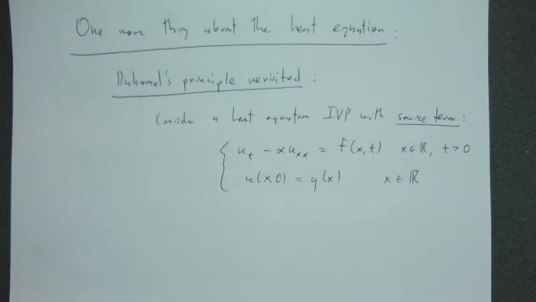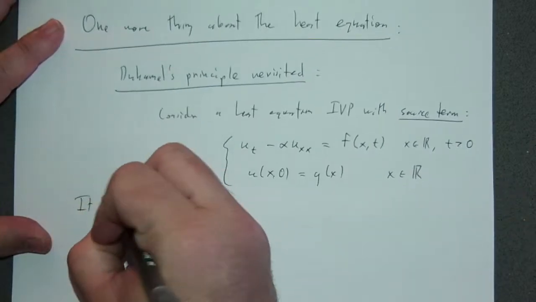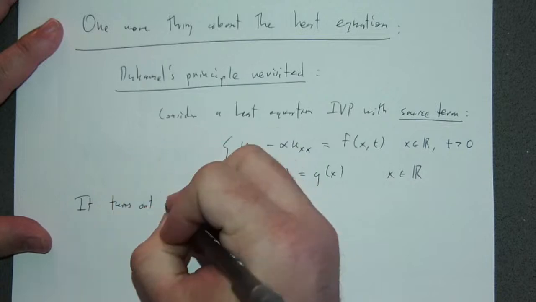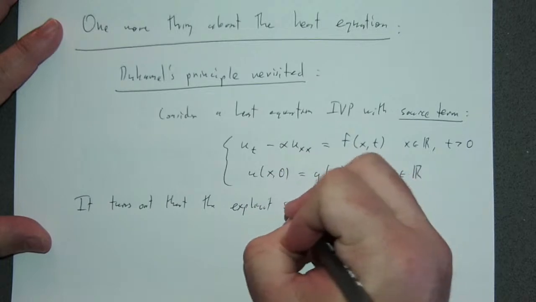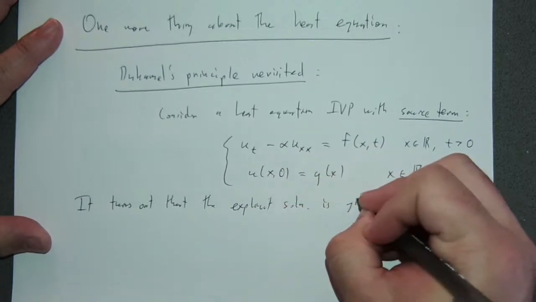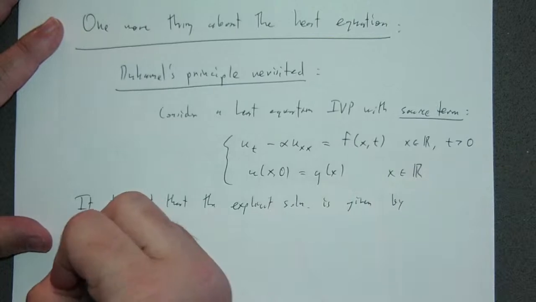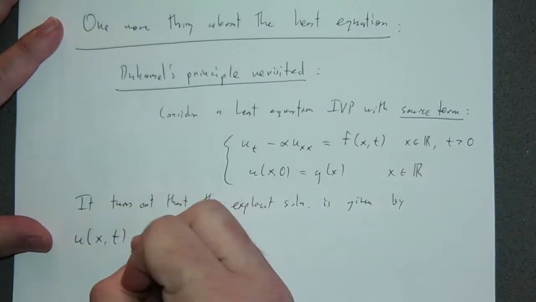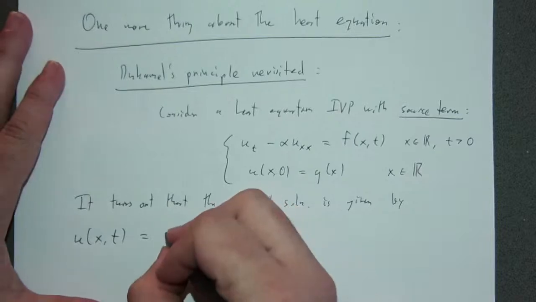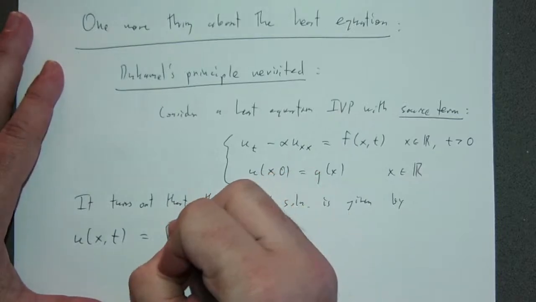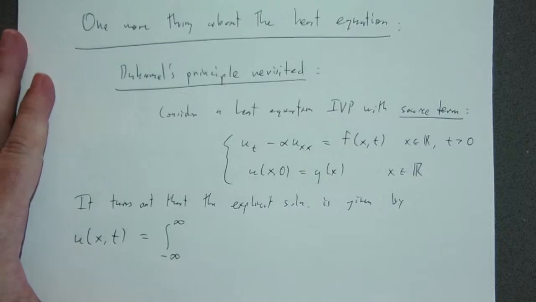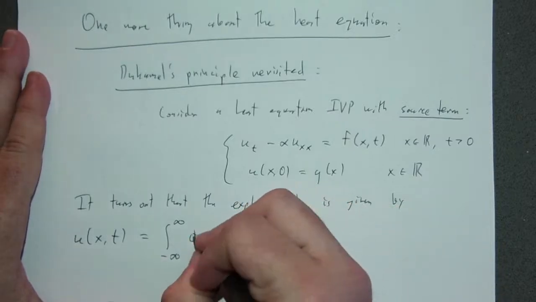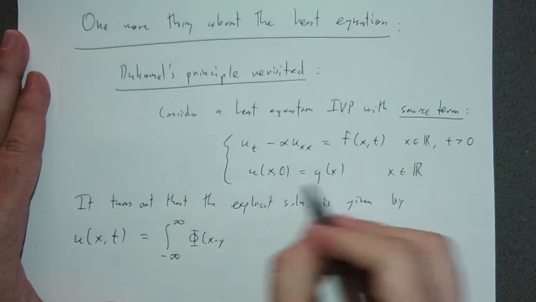So it turns out that the explicit solution is given by the following. u of x,t is my homogeneous part. If we're getting flashbacks to ODE days, the homogeneous part would be the integral from minus infinity to infinity of my heat kernel convolved with the initial data.